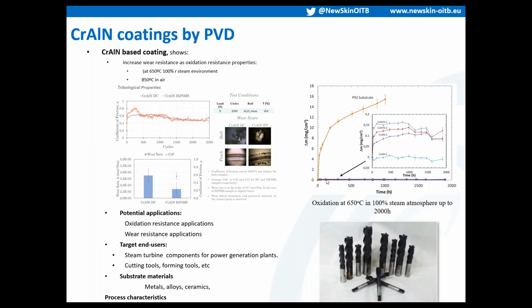The target end users are steam turbine components for power generation plants, cutting tools, forming tools, etc. The substrate materials can be metal, alloy, ceramic, and the process is developed at 480 Celsius degrees, but can also be adapted to lower temperatures.